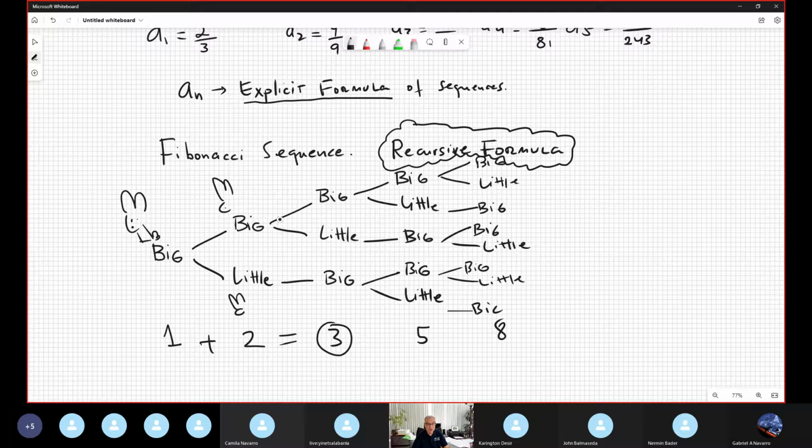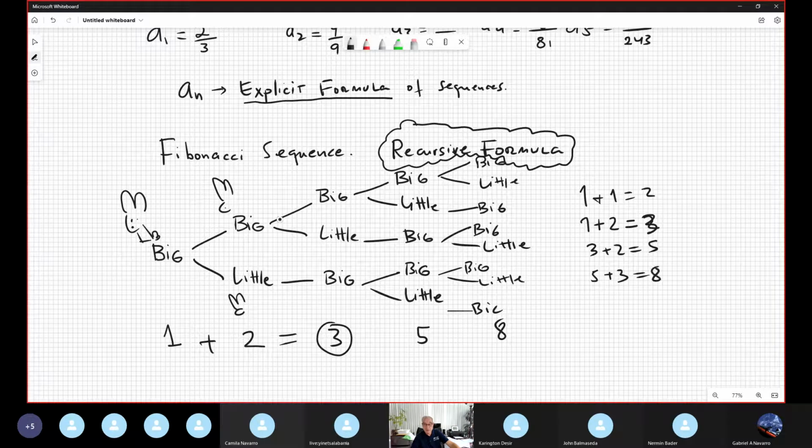In the sequence we have 1 plus 1 is 2, 1 plus 2 is 3. You bring down this 3, and 3 plus 2 is 5. And finally 5 plus 3 is 8, no?